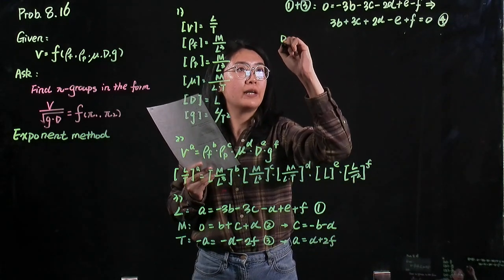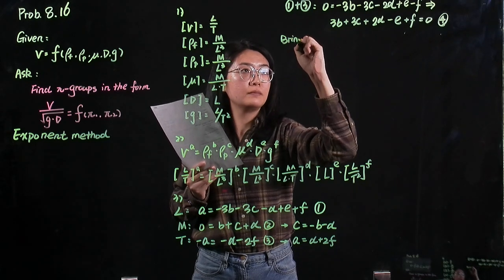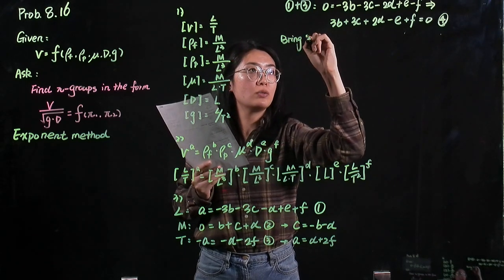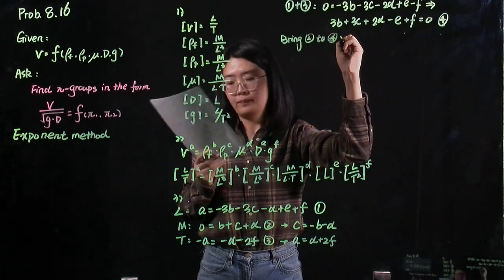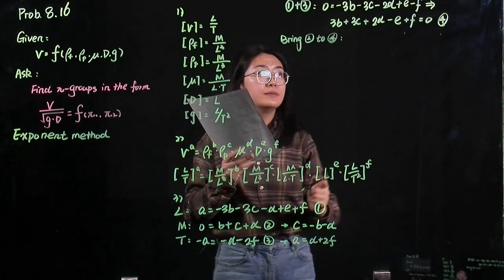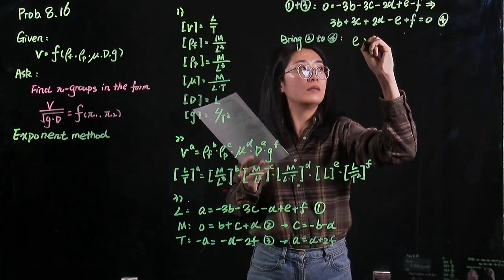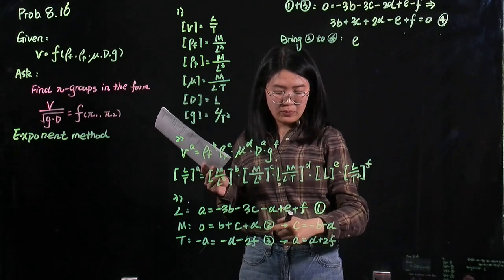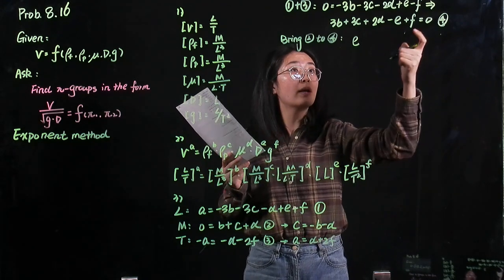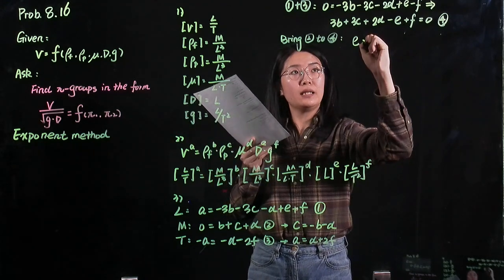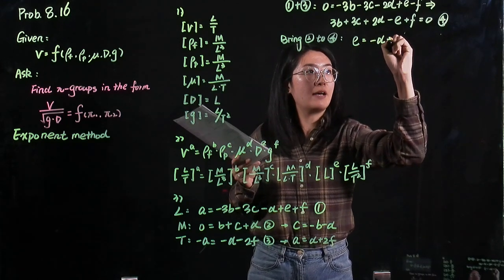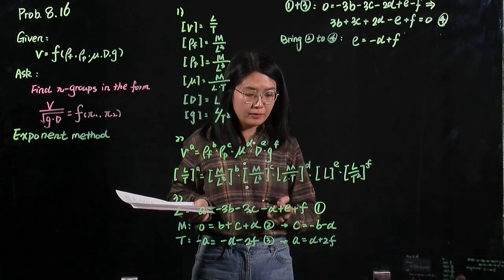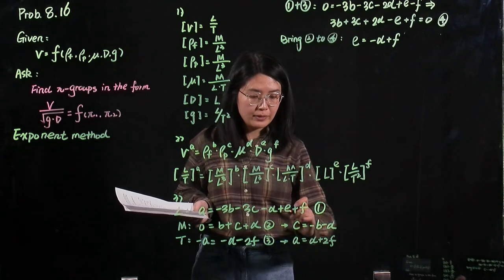If we bring equation 2 into equation 4, we will get E equals minus D plus F.